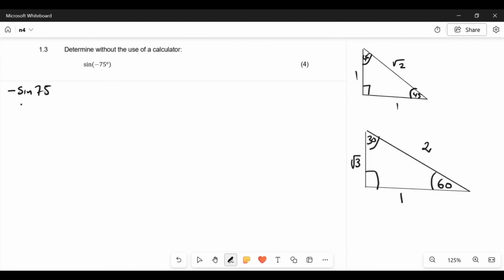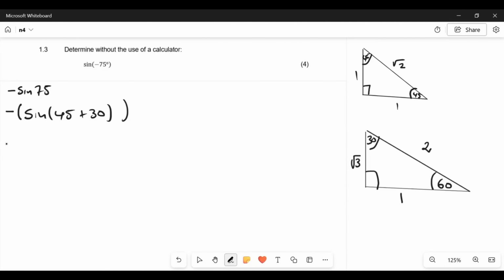Then from here, we can use special angles to expand this. We can write negative at the beginning. Let's put this inside the bracket. And then we expand this. We can write sine, if we put two special angles together, which is 45 plus 30, this here is going to give us 75. And then from here, we can expand this.